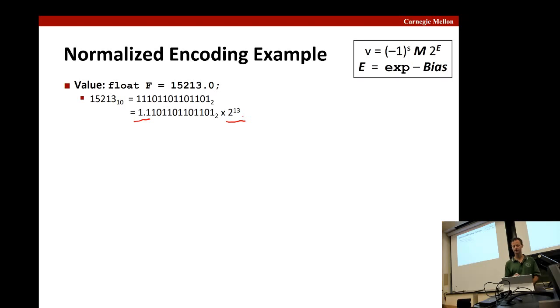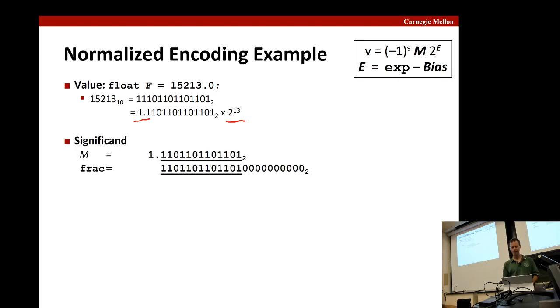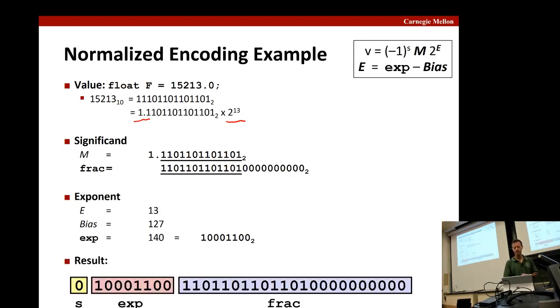So it's 2 to the 13th. What you end up with is all the rest of the bits become part of the fraction, and it turns out we have more bits than we need, so we pad out with 0s. And the exponent, again, the goal is 13, but we want that to be the result after we subtract off the bias, so we have to add the bias to get the proper bits to put in there. That's 140, which is represented as shown. And so the end result looks like this.